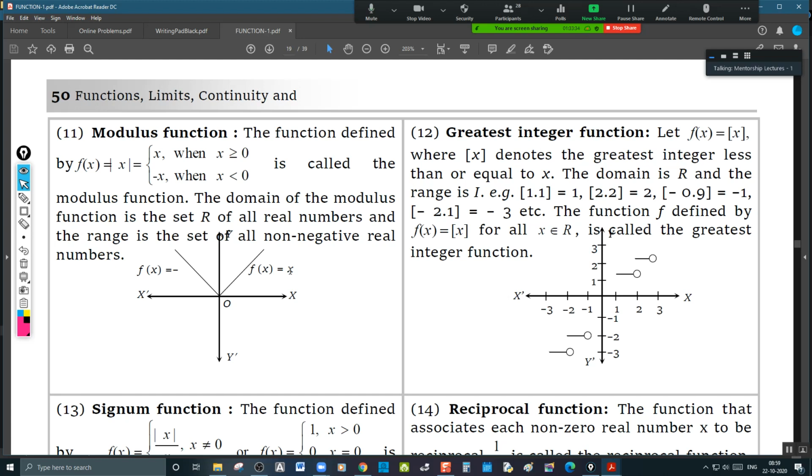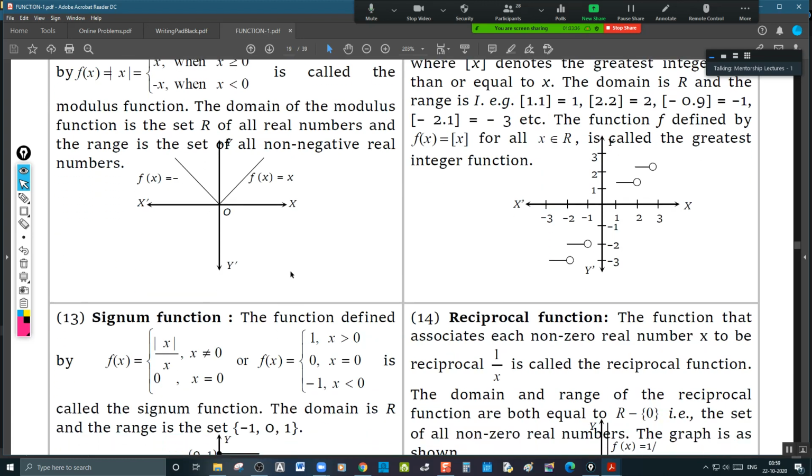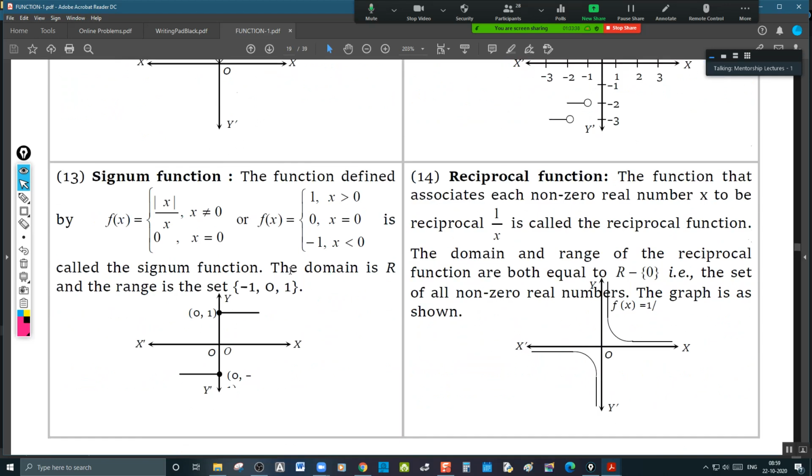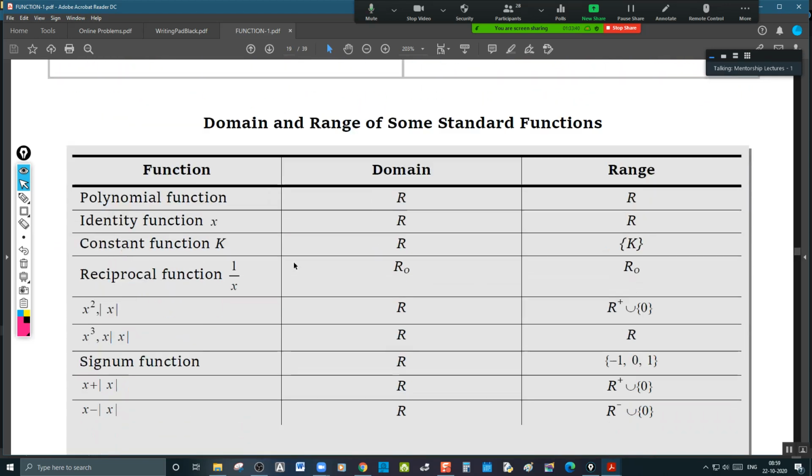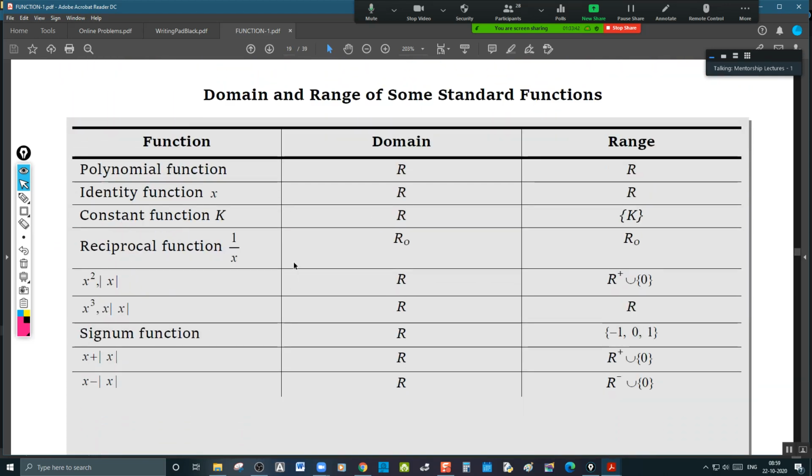Okay, so that is the domain and ranges of standard functions. Take the screenshot of this also, please. Still more are there. I'll be moving it. If you say okay, I'll be moving. Okay, sir. Yes, sir.